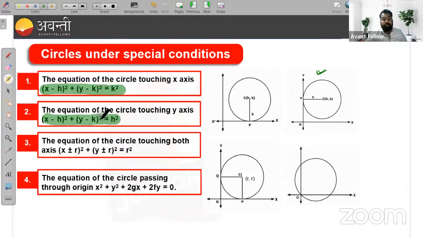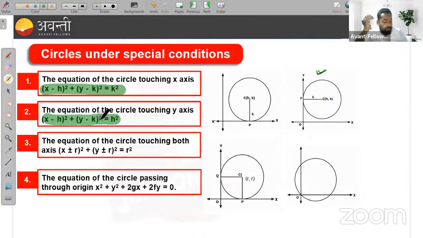And the third condition is if the circle touches both the axes. Then the x coordinate and y coordinate of the center are the same, and the radius is the same, that is r.